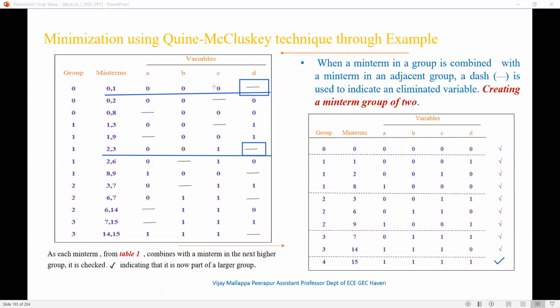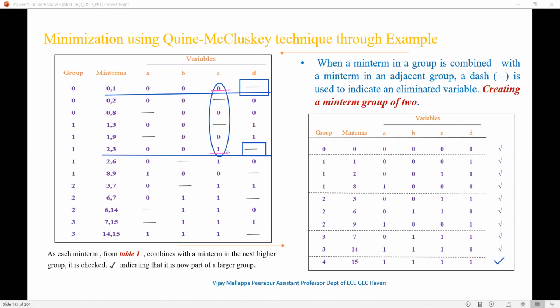Which variable can we eliminate now? We can eliminate the C variable, because here it is 0, here it is 1. Here it is 0 and here it is 1. So we eliminated 2 variables when we create a group of 4 mean terms.